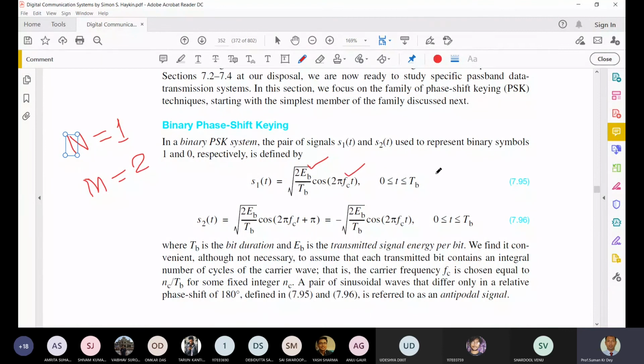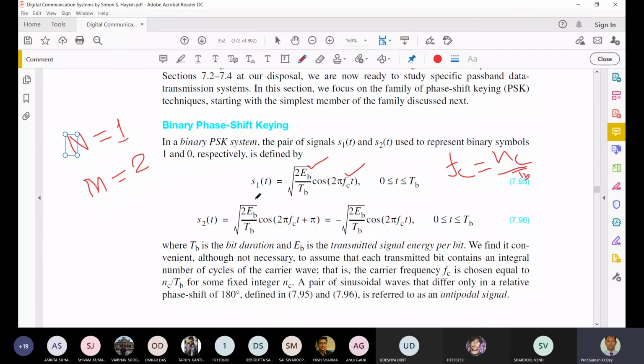Normally we take FC equal to NC by TB, an integer multiple of one over the bit duration. So FC has a relation with the bit duration.